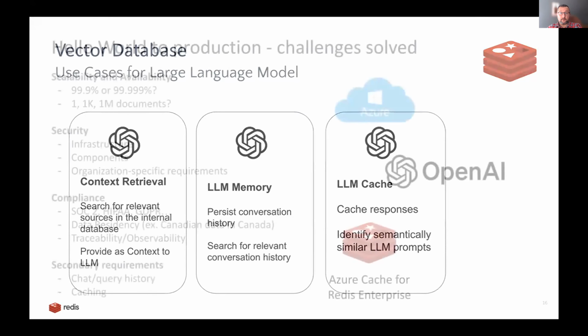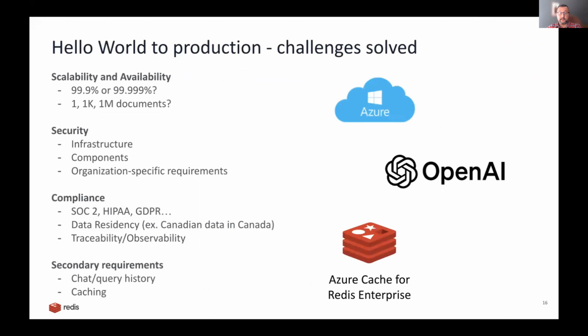Okay. So again, if we look at the production challenges, as you take your little five lines of code notebook and move it to a production system, Azure, with its infrastructure and Azure OpenAI, probably checks the majority of these boxes.